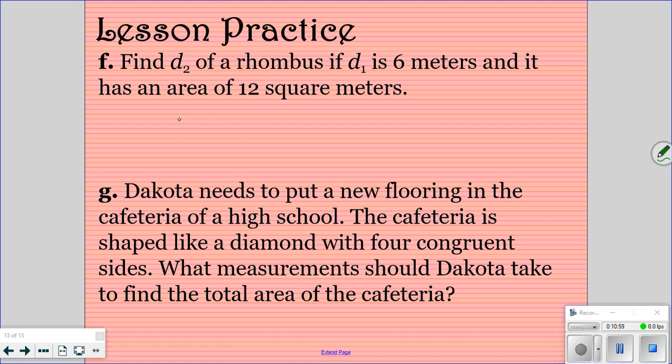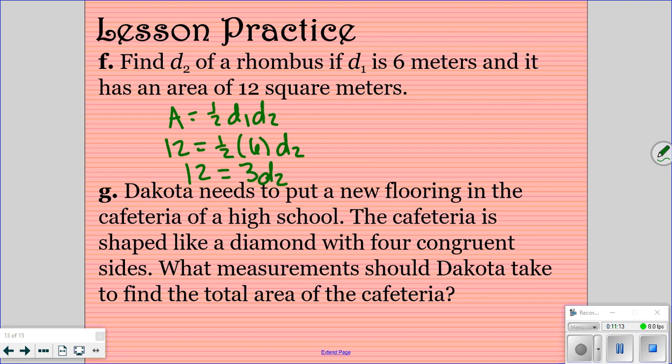So we're going to say our area formula is 1/2 D1 D2. So our area is 12, and it says D1 is 6. What is D2? Well, 12 equals half of 6 is 3, and if you divide by 3, D2 would have to be 4, and our units are meters.